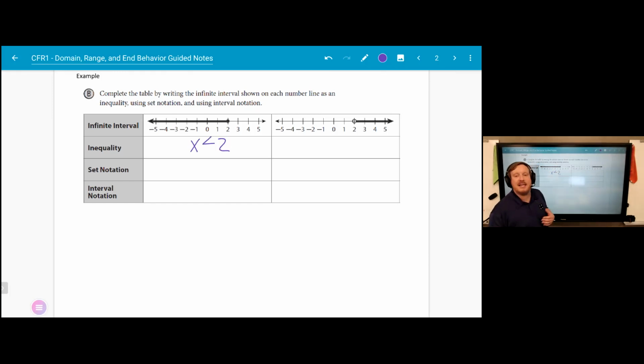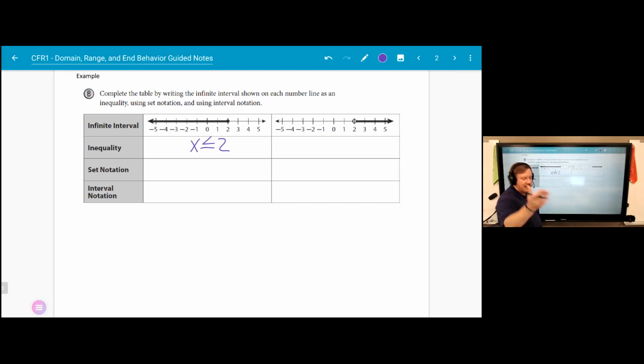X has to be at least less than 2. And is 2 included? Does it have a closed-in dot? It sure does. So it could be less than or equal to 2. This inequality says the biggest value I can have is 2, and it can be 2, and anything less than that going to negative infinity.